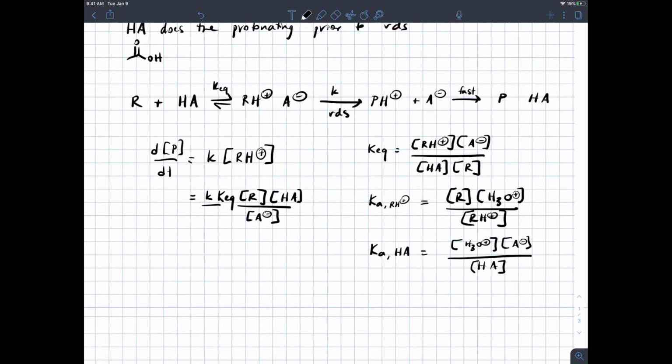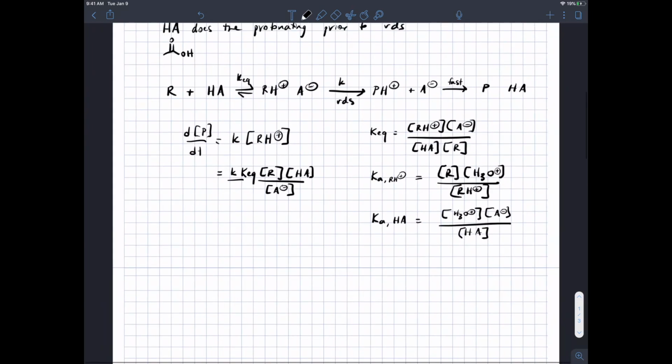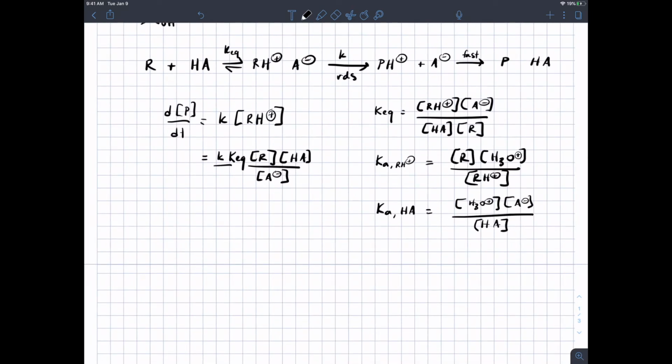And one of the things that's apparent right away is that the ratio of HA over A minus is equal to the ratio of H3O+ divided by the equilibrium constant for our acid.